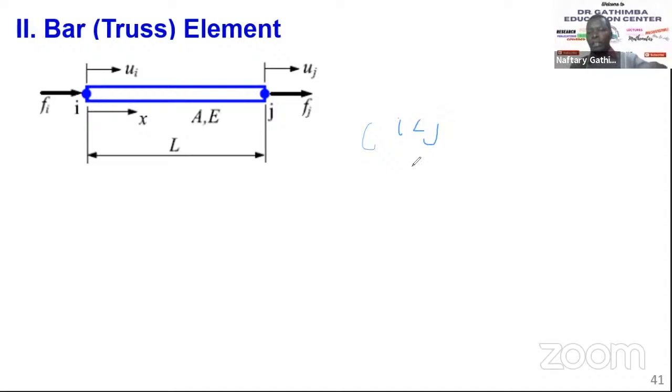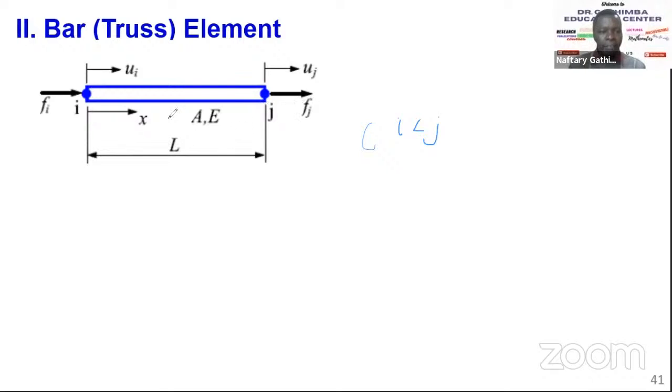Then there are the internal nodal forces. The small f represents the nodal forces, so at node i and node j we have Fi and Fj, the internal forces.